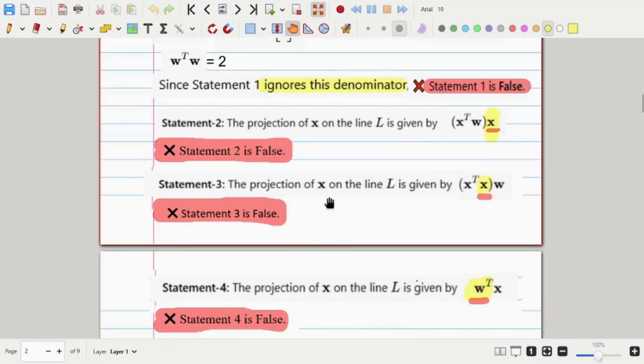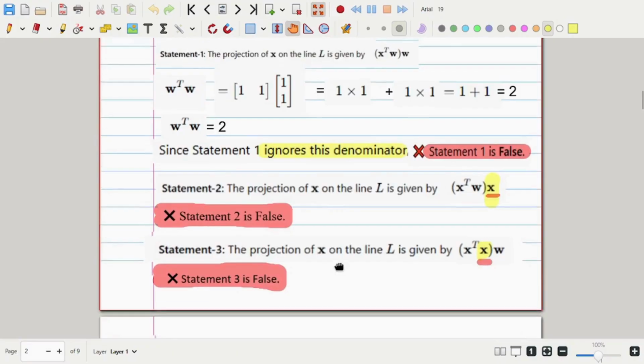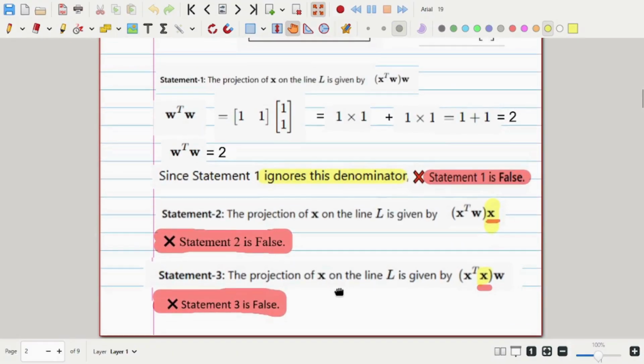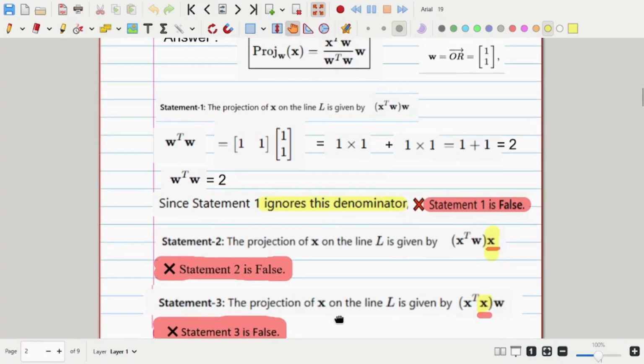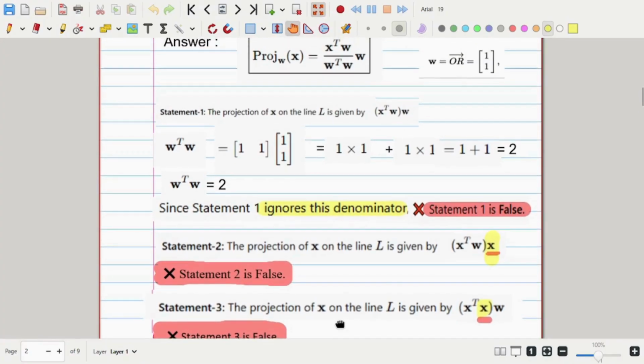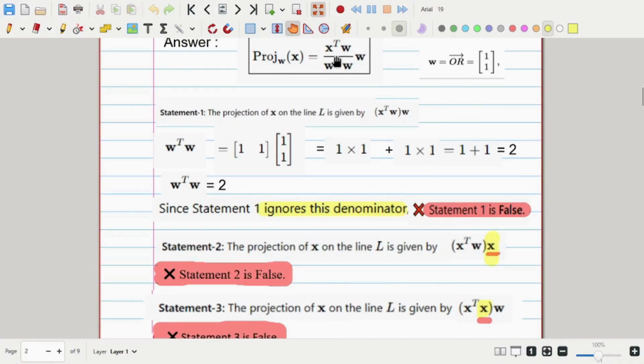Statement 3. The projection of X on the line L is given by X transpose X multiplied by W, but the formula states that the numerator should be X transpose W. That means X transpose should be multiplied by W vector, but in statement 3 it was multiplied with X vector. Therefore, statement 3 is false.